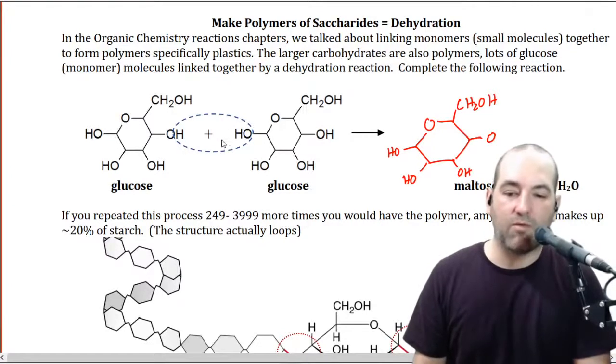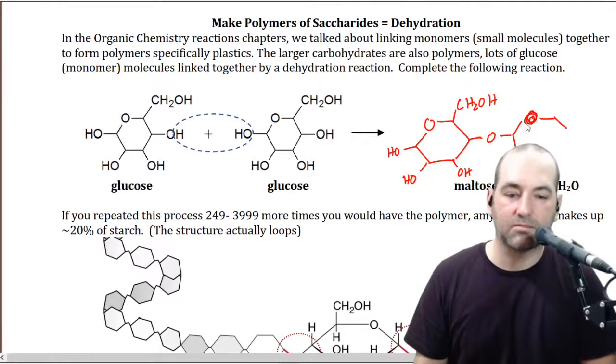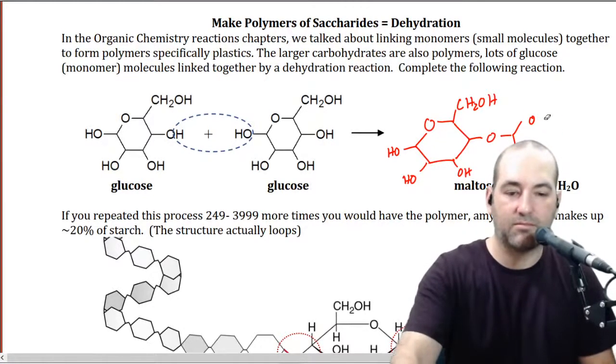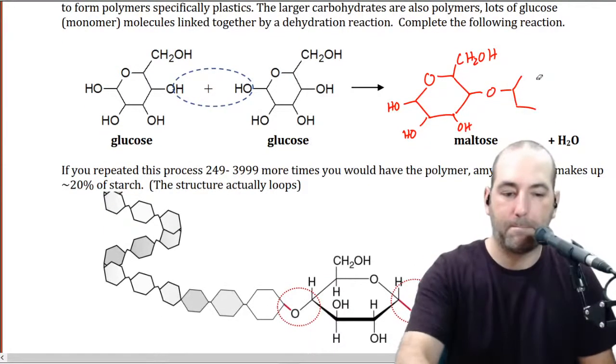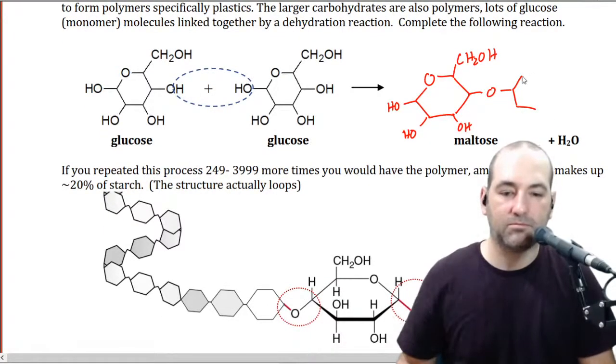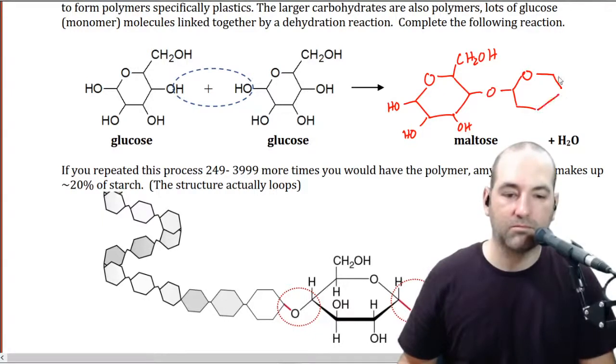So we're going to get rid of water and then link up the oxygen to this other carbon here. Sorry, I'm getting a little messy over here. Let me redo that. So everything else stays the same.